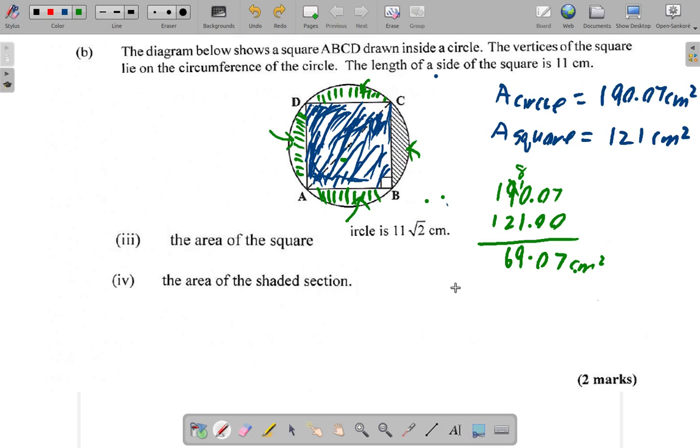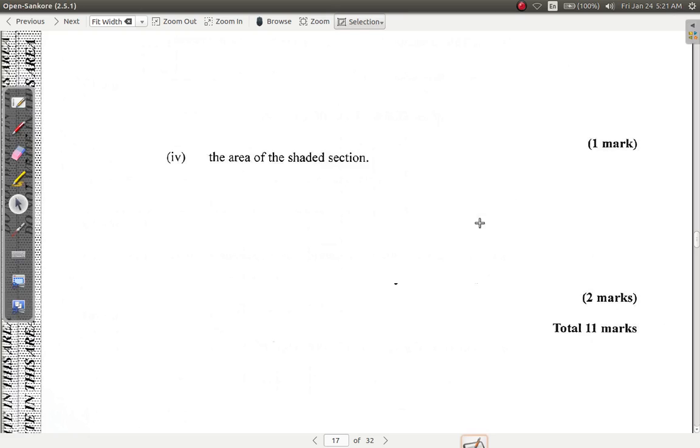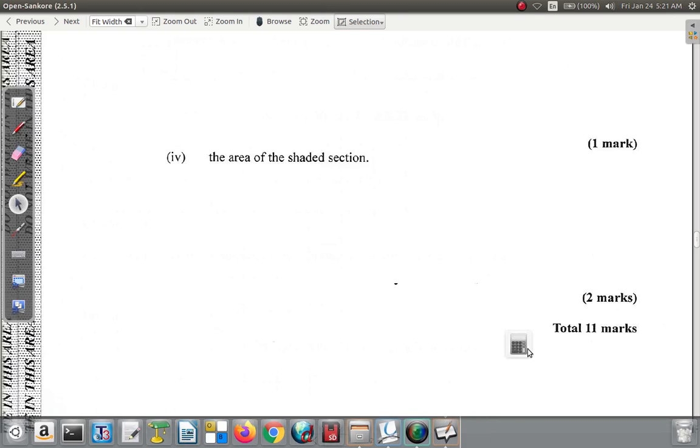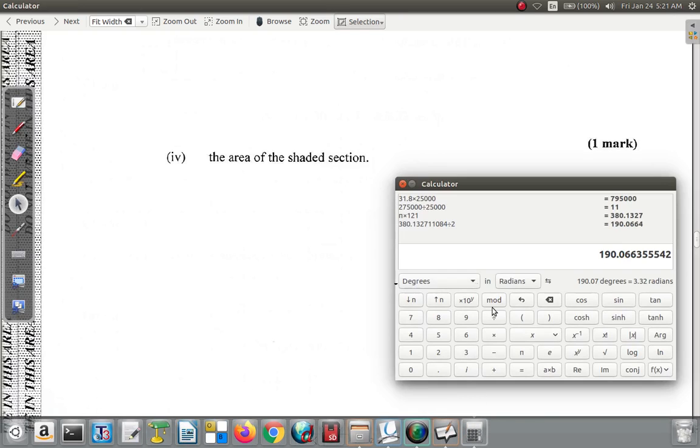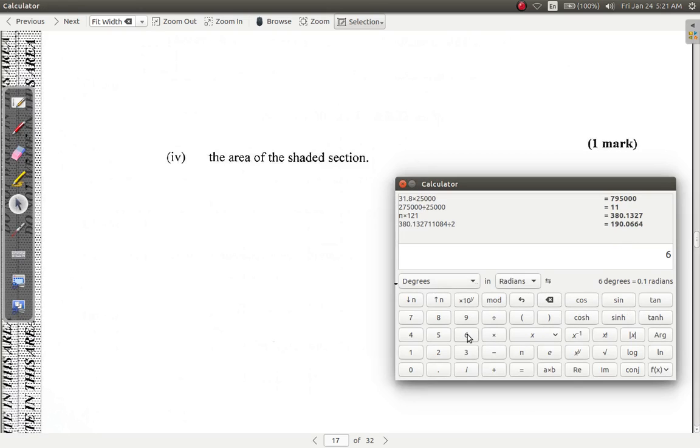So therefore, what do we need to do? Is say the 69.07. We need a quarter. Divide this by 4. Right? So the 69.07 divided by 4 is 17.2675.